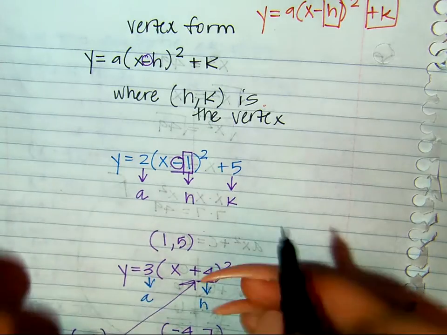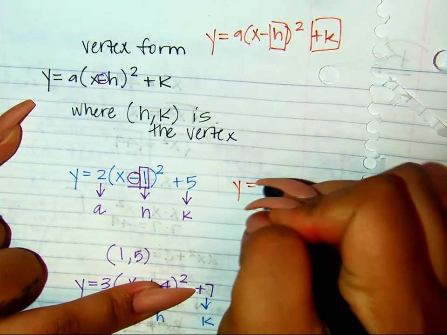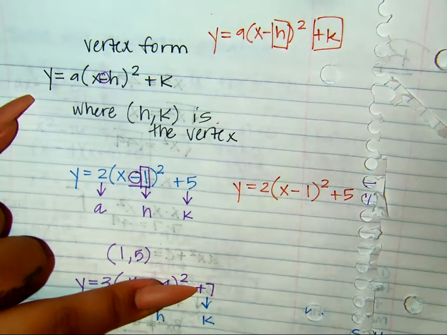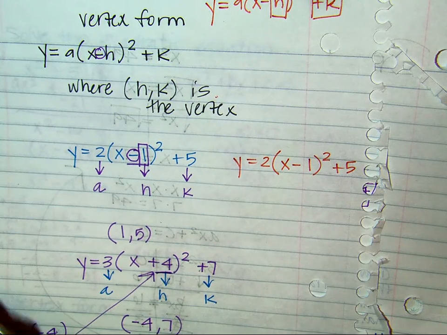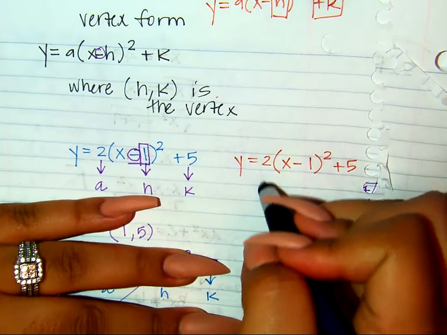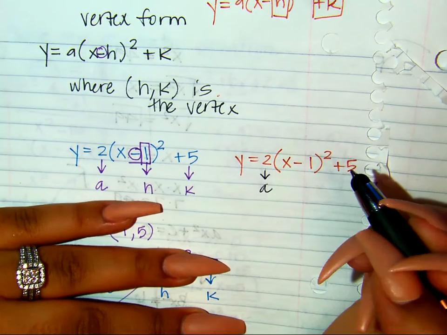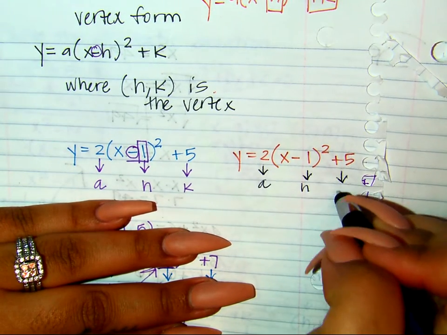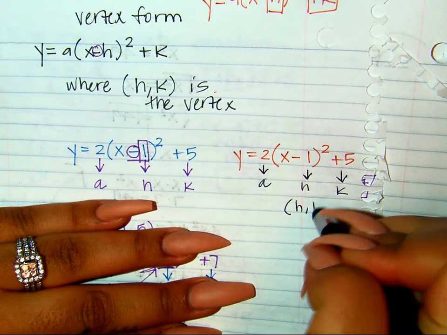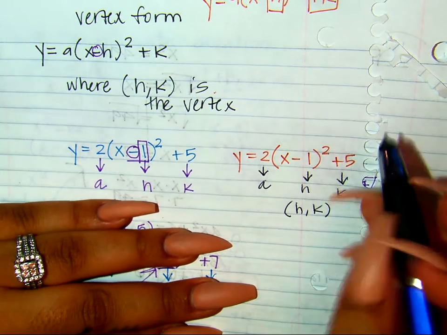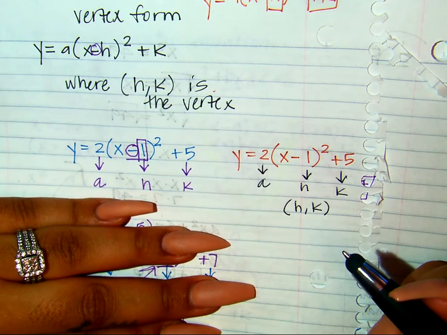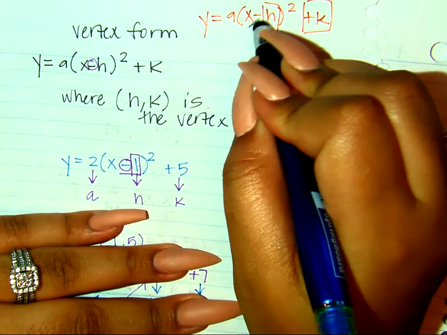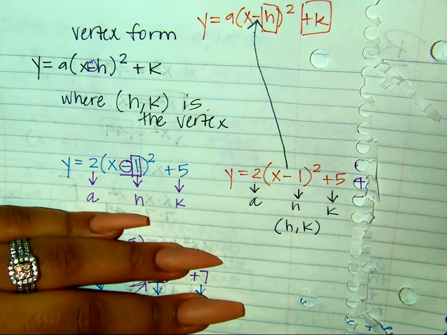So if I were to give you y equals 2 times (x minus 1) squared plus 5, the first thing I would want you to do is label each number. So this is in the position of a, this is in the position of h, and that is in the position of k. So if I'm looking for h comma k, I know that human nature, you would want to say, well, that's a -1, right? But I want you to be clear that the form has a negative.